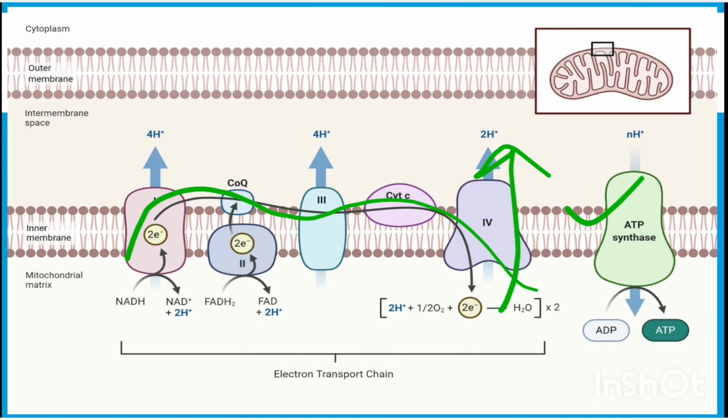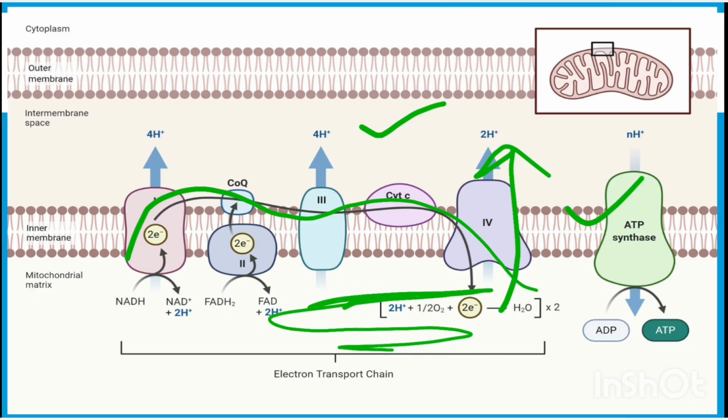When the protons are pumped outside the matrix into the intermembrane space, it causes a proton gradient. That means high concentration outside in the intermembrane space and low concentration in the mitochondrial matrix. It causes an electrochemical proton gradient.